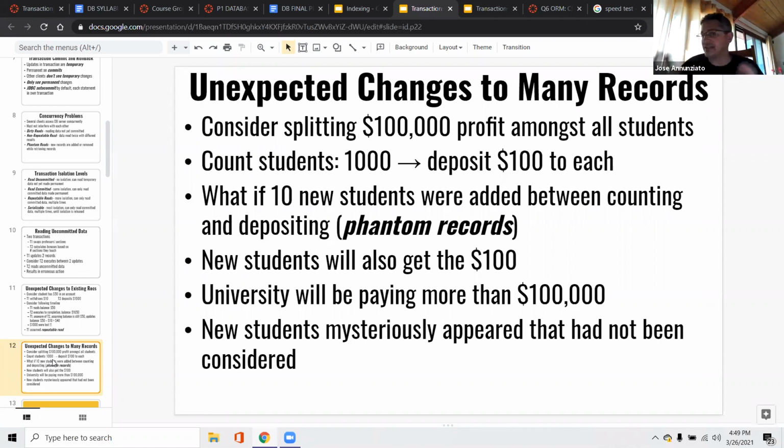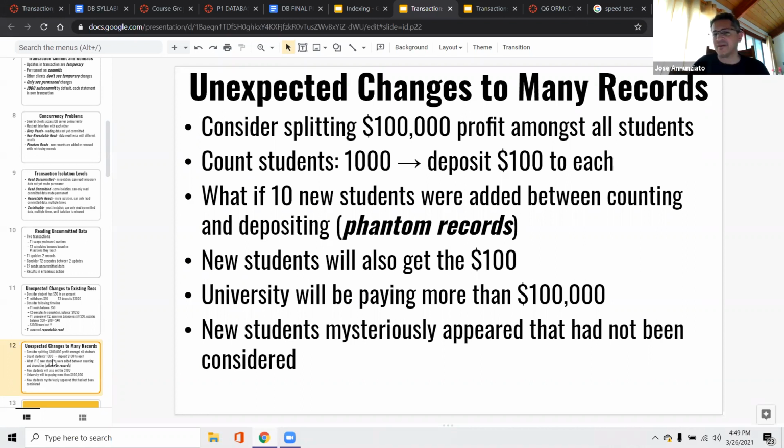It says, well, let's divvy it up. There's $100,000 and deposit it into everybody's account, into the meal plan, so that they can spend it any way they want. So the query retrieves all the 1,000 students, brings them into memory, and it does a count. It comes up with 1,000 students.